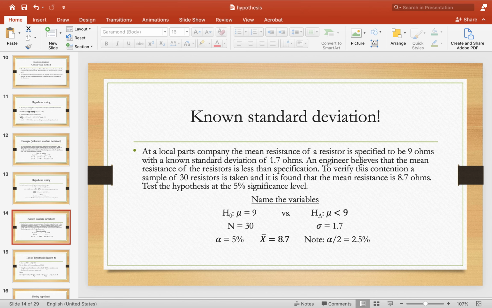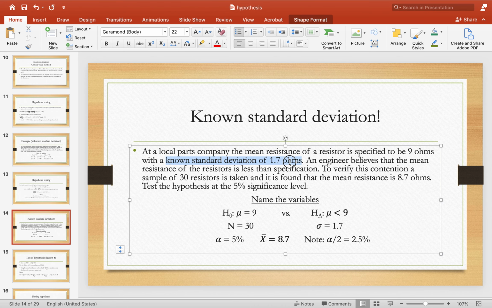And that 1.7 ohms might be due to company records. That's how they know it. If you don't have the historical records, then you had better use the sample standard deviation. But because it said known standard deviation, I'm going to assume a value of sigma.